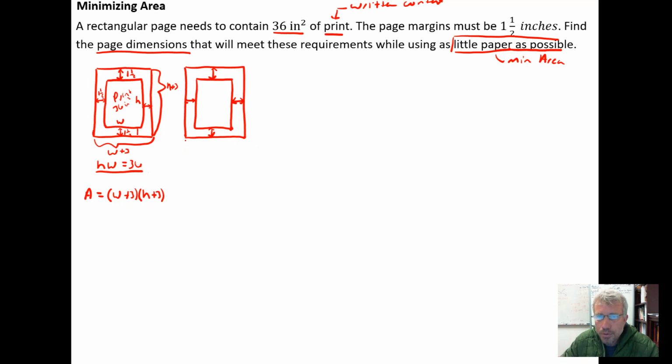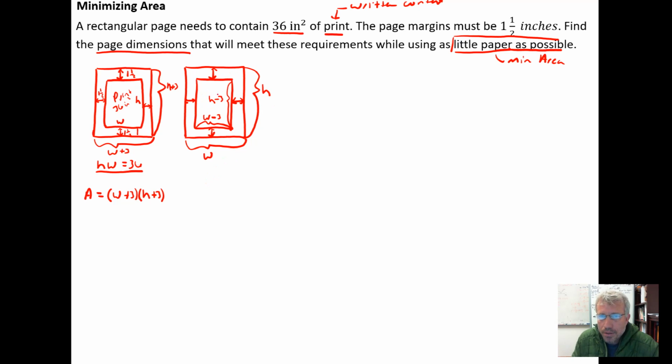Possibility number two would be to let width describe the outer width of the sheet of paper, and to let H or height describe the outer height of the sheet of paper. But then for the interior, instead of adding 3 like we did here, you would have to subtract the 3 inches of horizontal margin. And then right here, to get the interior height, you would have to subtract, again, the 3 inches of margin.